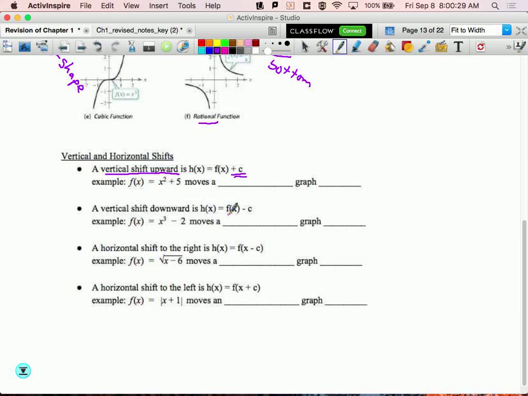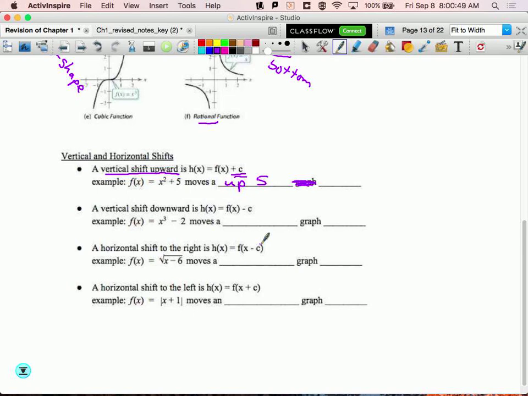Moves a parabola, I guess. I'm not sure. Moves a what graph? That doesn't make a lot of sense. What I would just say is this moves up 5. So you would take the U that's on the page and you can just move every dot up 5.